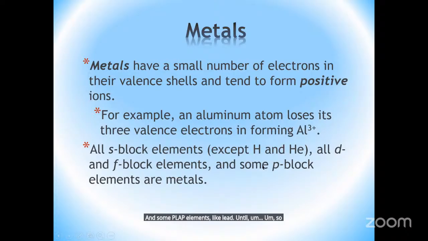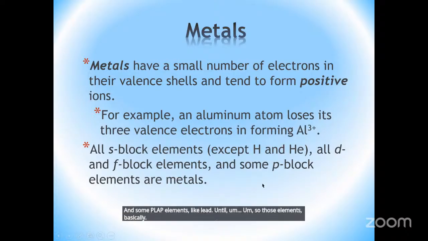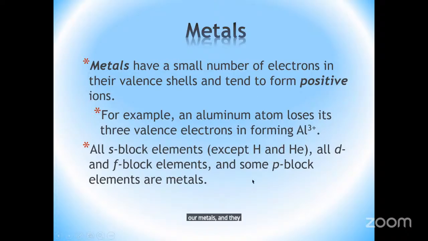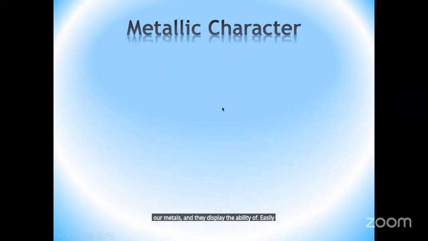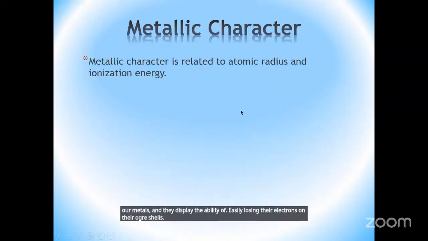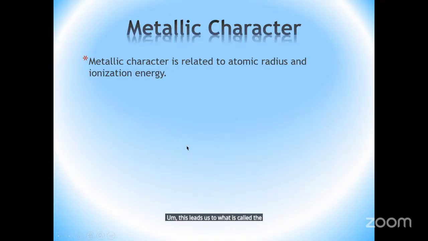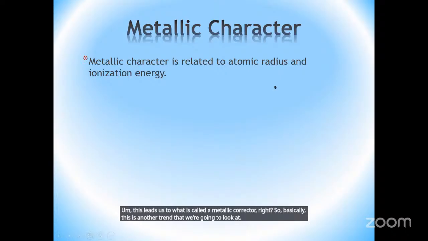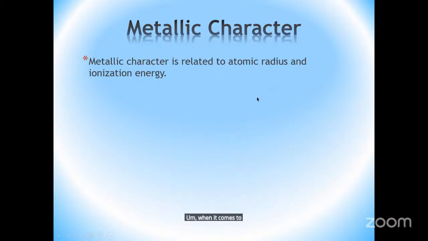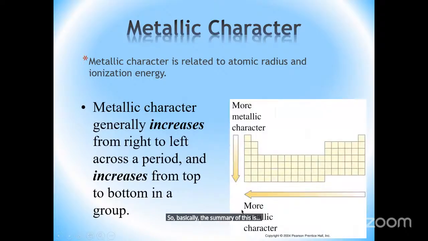So those elements basically are metals, and they display the ability of easily losing their electrons on their outer shells. And this leads us to what is called the metallic character, right? So basically, this is another trend that we're going to look at when it comes to periodic trends in the periodic table. So basically, the summary of this is what you see here, right?